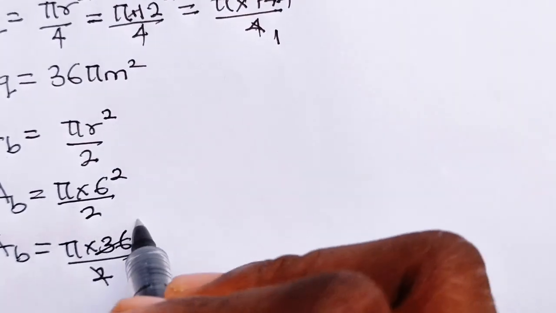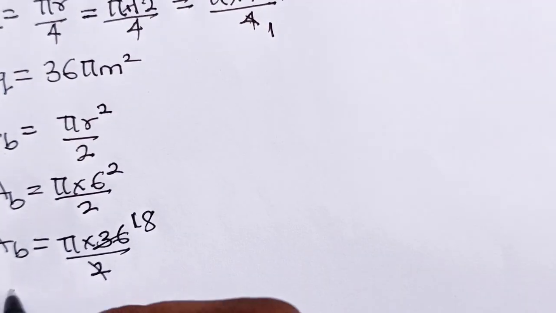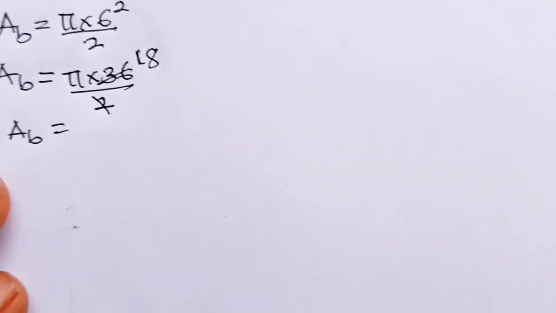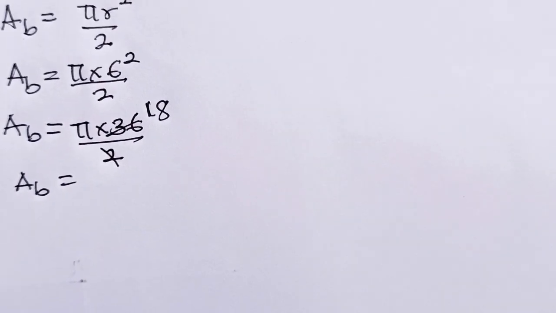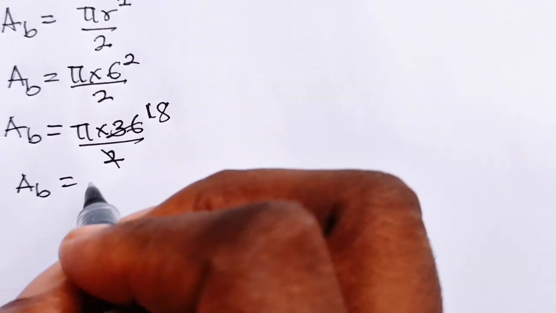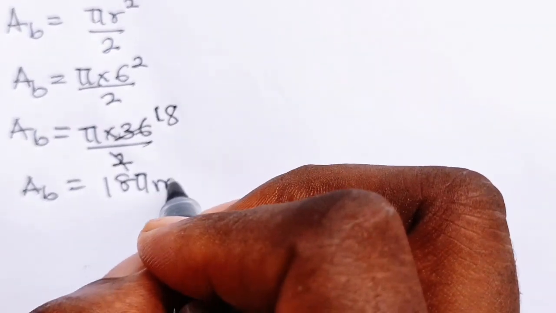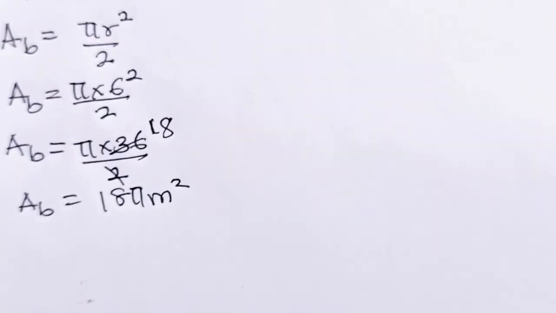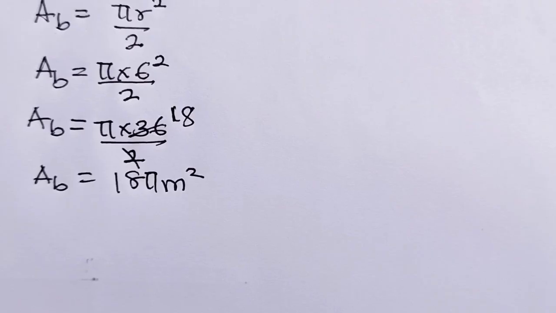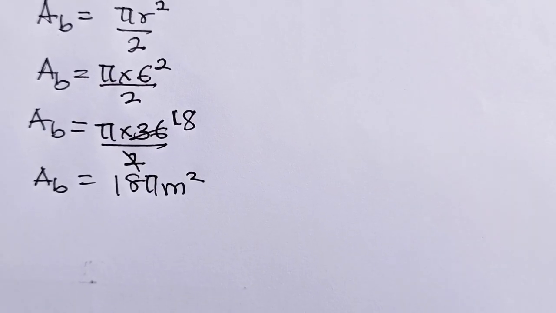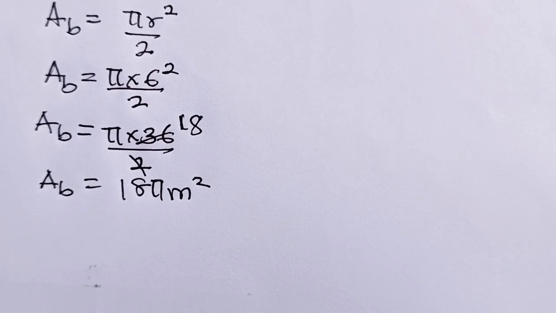When 2 divides 36, we have 18. So the area of the bigger semicircle should be equal to 18 pi square meters.